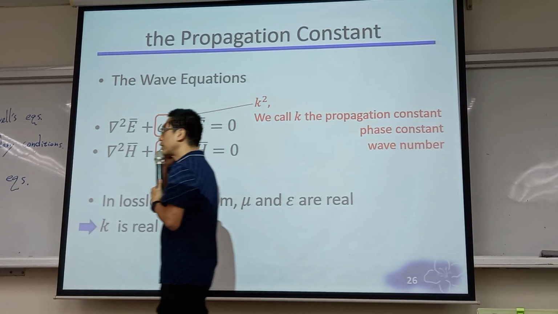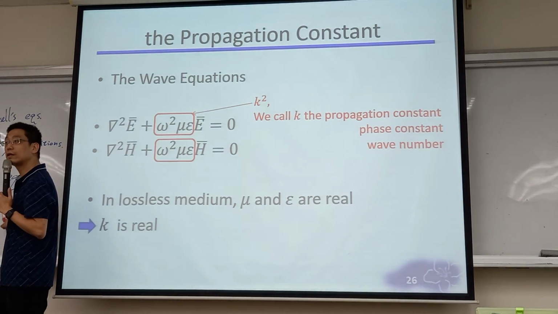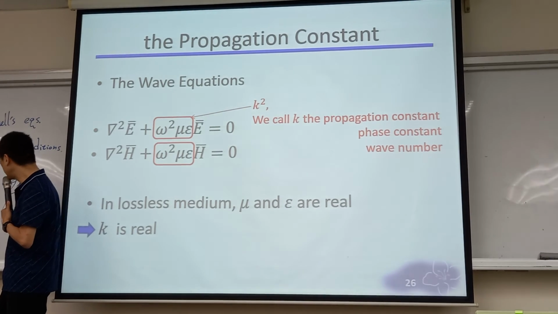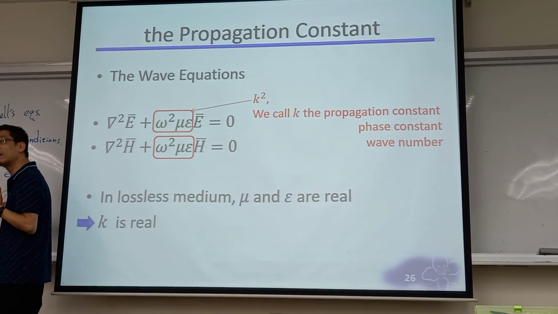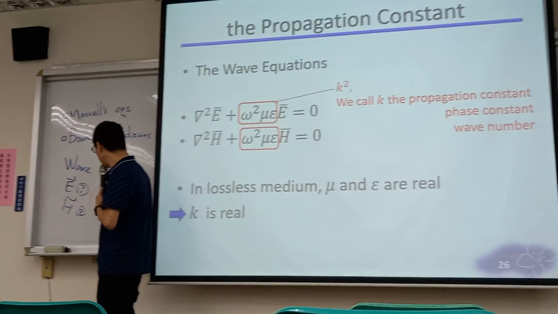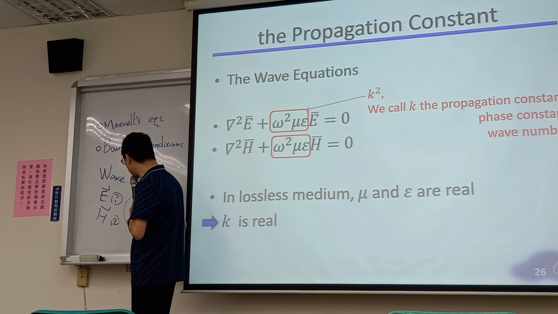Sometimes you will hear something called beta. If you are from our lab, or maybe you already know, if you hear beta, beta equals K if this wave is a TEM wave.